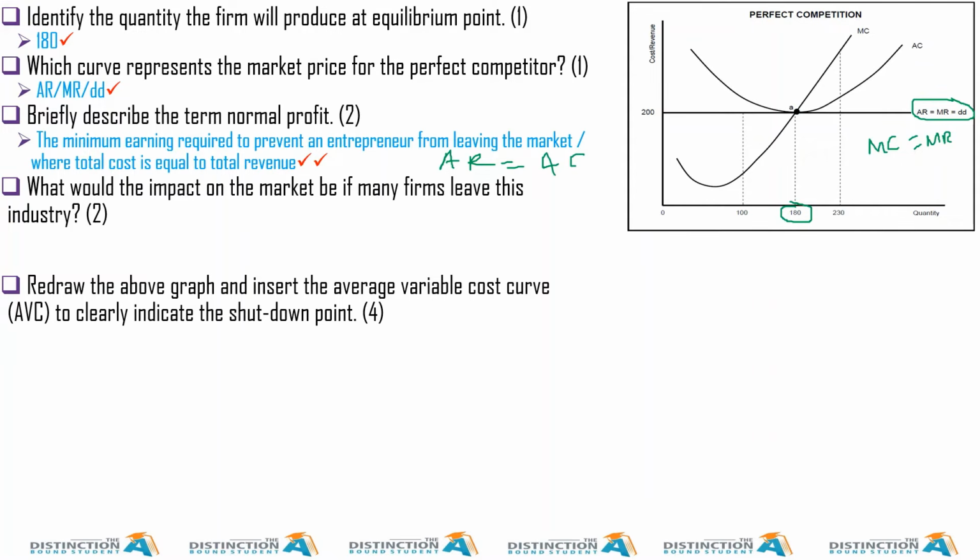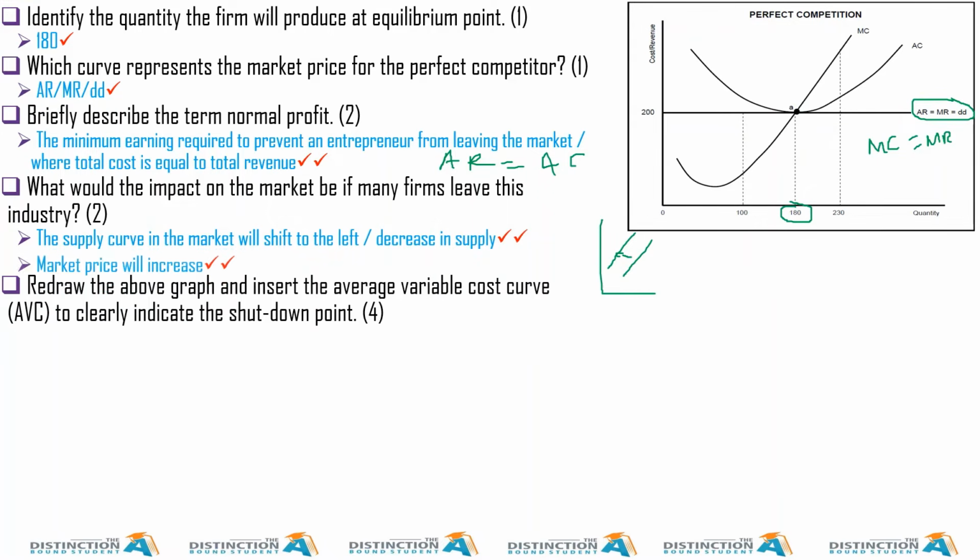What will the impact on the market be if many firms leave this industry? When firms leave an industry, what happens? Supply shifts to the left. And when that happens, price goes up. So that's the effect. The supply curve in the market will shift to the left. That is a decrease in supply. And then for that reason, the market price will go up.